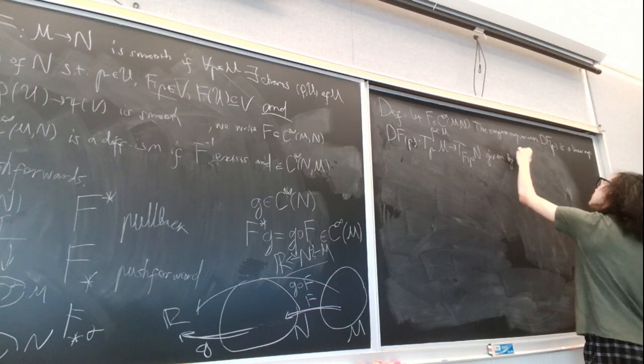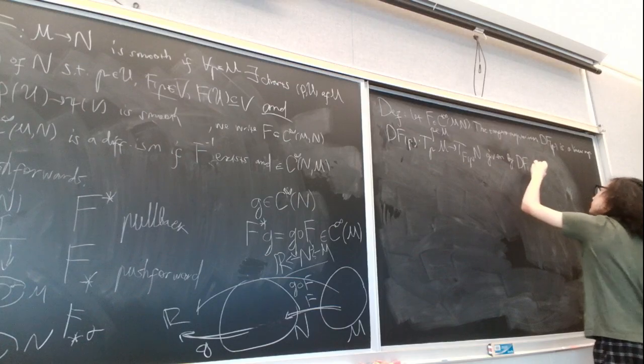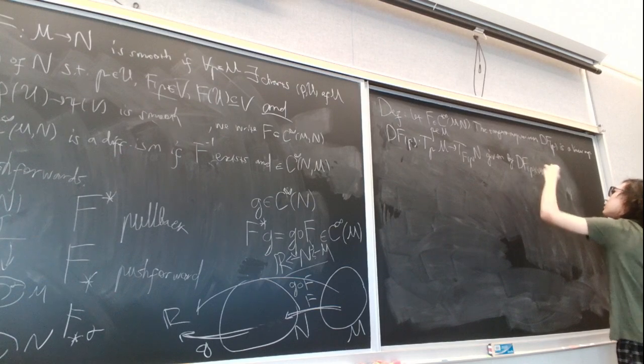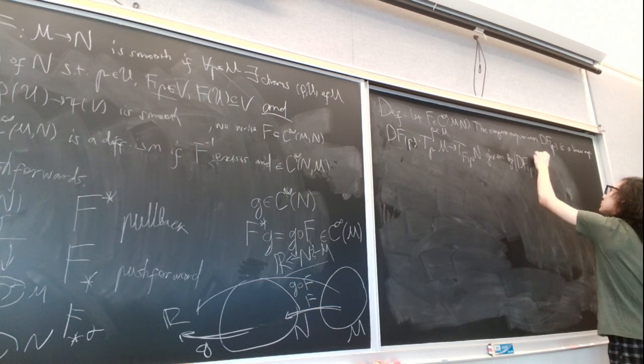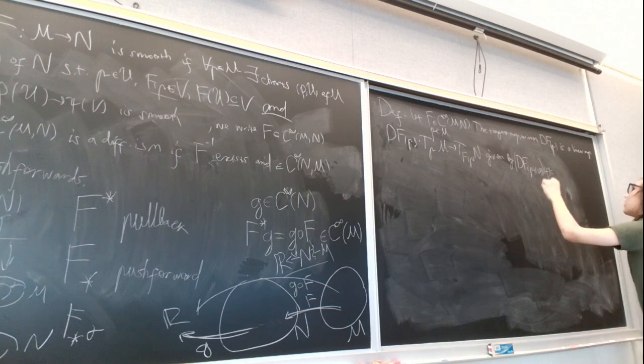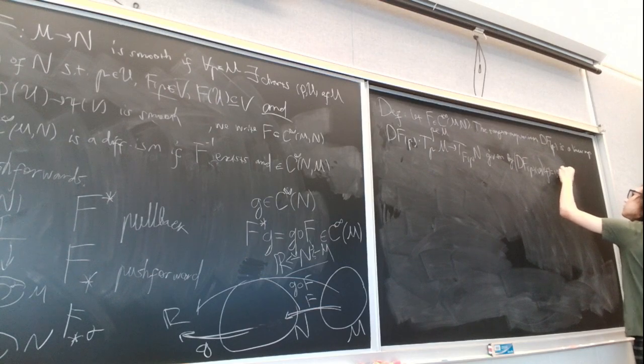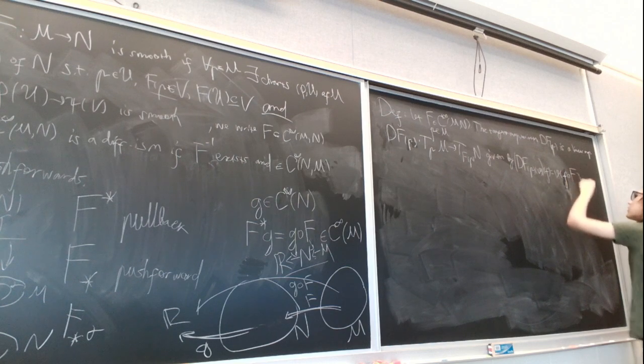So we have this map. We take a vector, and then we get another vector, so we have to think about the action of it on some function, and this is equal to v of, I'm using f here, of f.